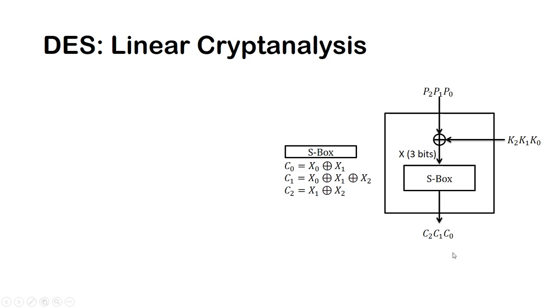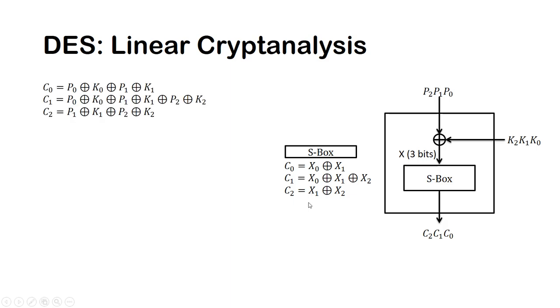So here the ciphertext bit C0 is dependent on the X0 and X1 bits from the 3-bit number that we have as input to the S boxes, and based on this data we can compute that X0 equals P0 XOR K0. So P0 XOR K0 is replaced over here and P1 XOR K1 is replaced over here. When we get these 3 equations, then from these 3 equations we can generate the values of the key.